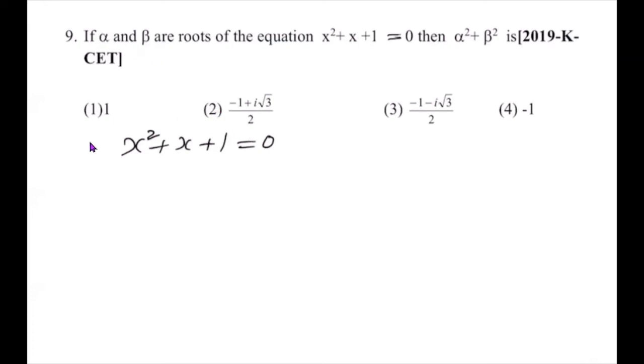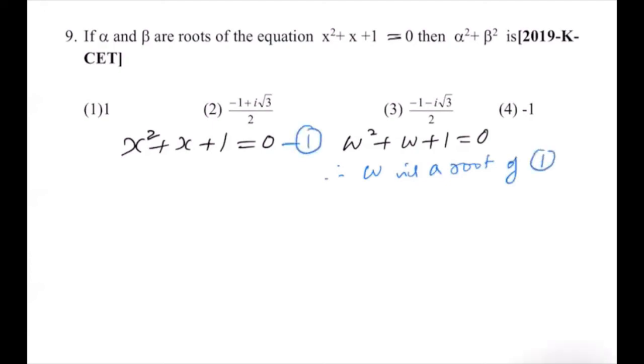Instead, if you look at this equation very closely, this is very similar to the known result omega square plus omega plus 1 equal to 0, where omega is a cube root of unity. So therefore, omega is a root of this equation 1.